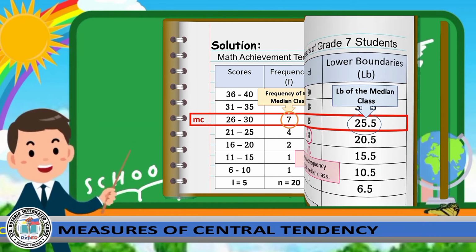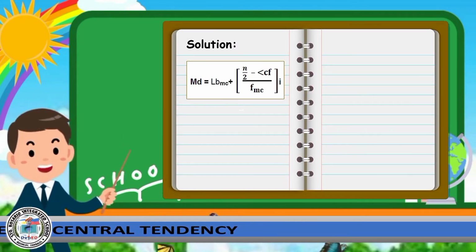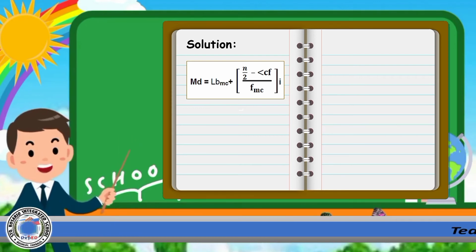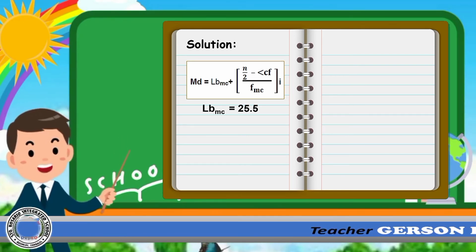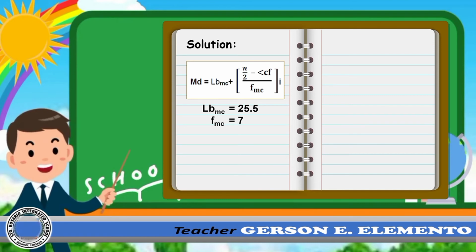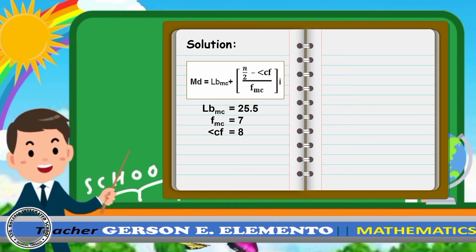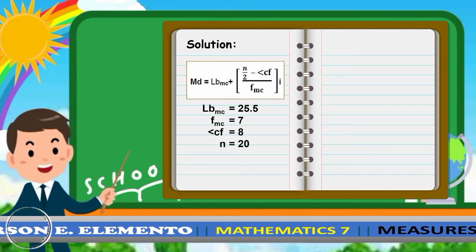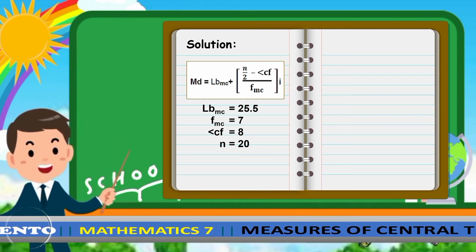Solution: to find the median, we will find the lower boundary of the median class, which is 25.5. Frequency of the median class is 7. Cumulative frequency before the median class is 8, and n is equal to 20.